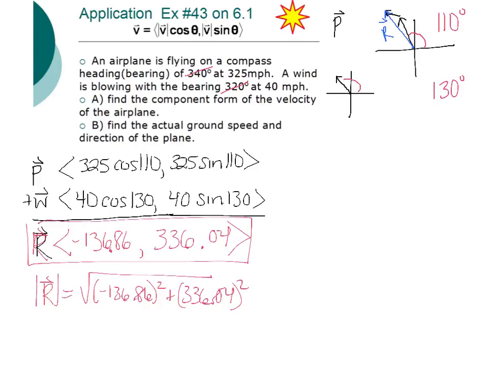So I square root that, and the magnitude of my resultant is 362.84. Now that's a magnitude, that's in miles per hour.